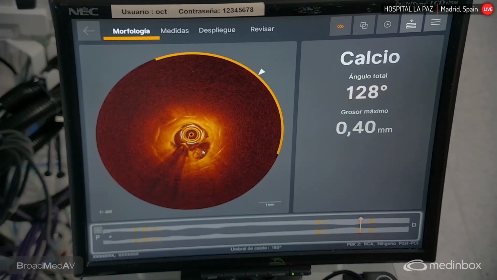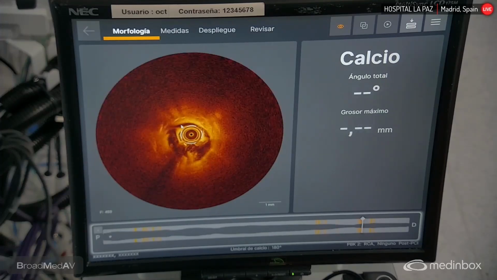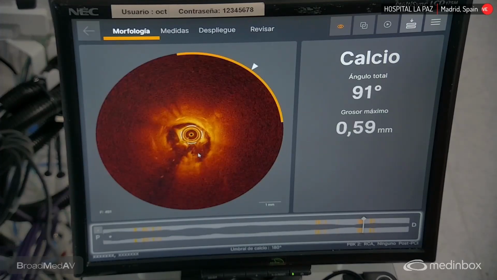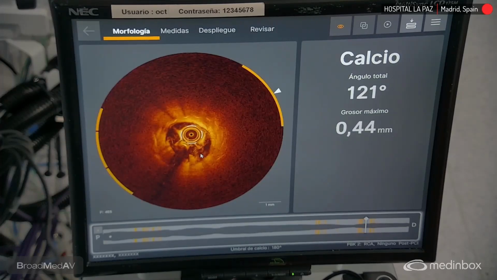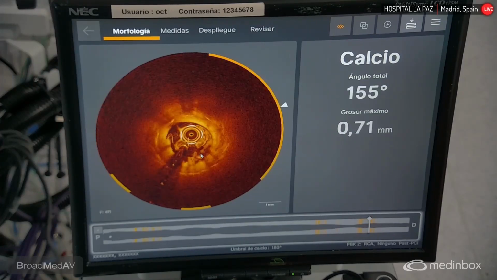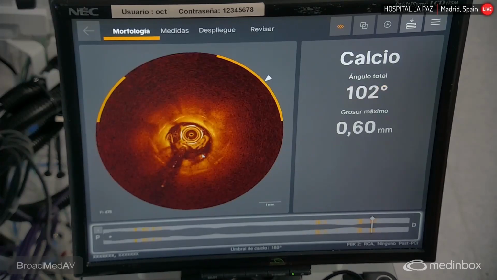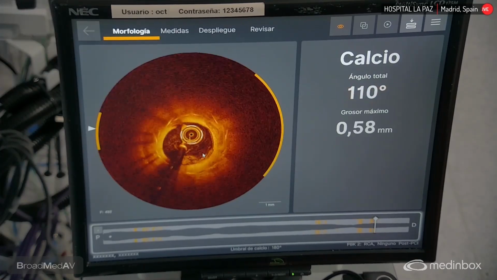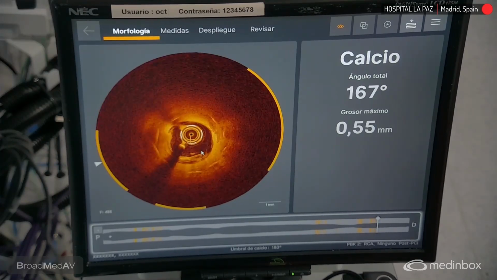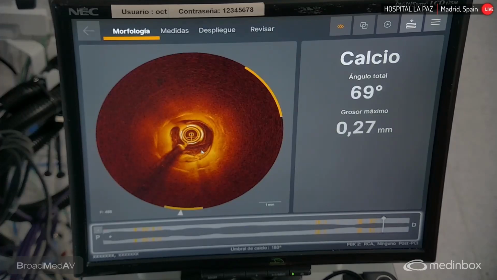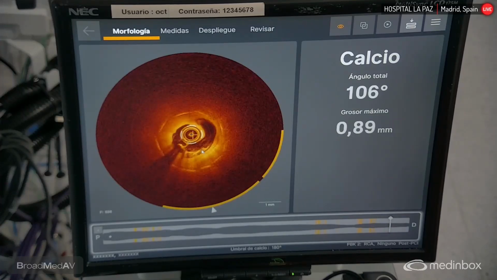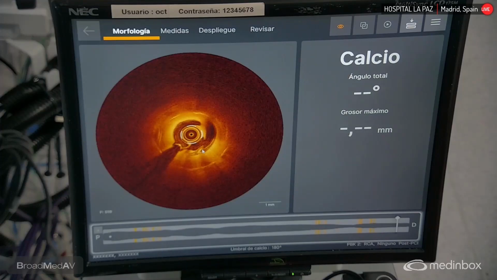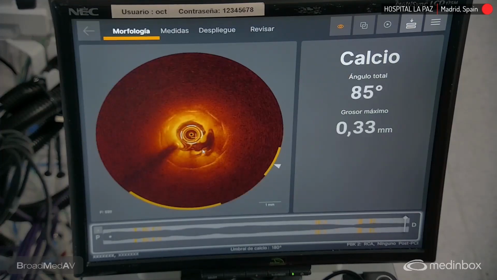There is some, probably due to the balloon dilatation. There, maybe. We usually don't see large dissections or large calcium fractures with laser, like with other techniques, for example shockwave. But you have seen the effect on balloon expansion.